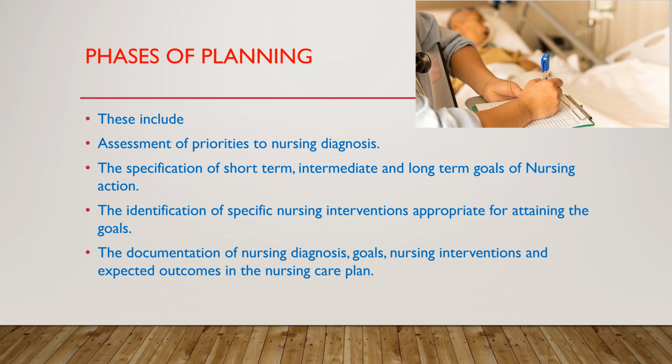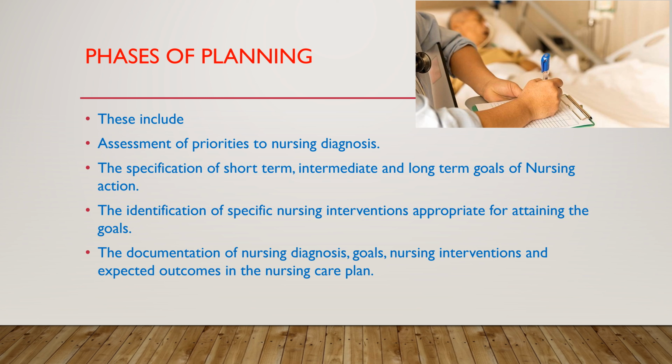And then finally, we have to document the diagnosis, goals, interventions, and also the expected outcome in the nursing care plan. Now we are documenting the diagnosis as per the priority. Then what is our goal?